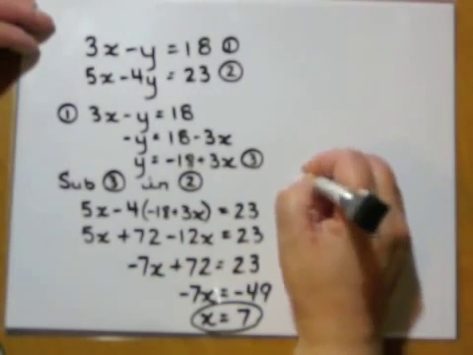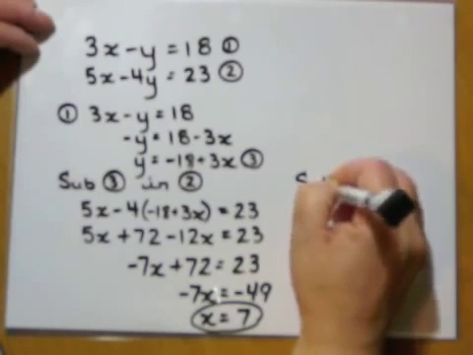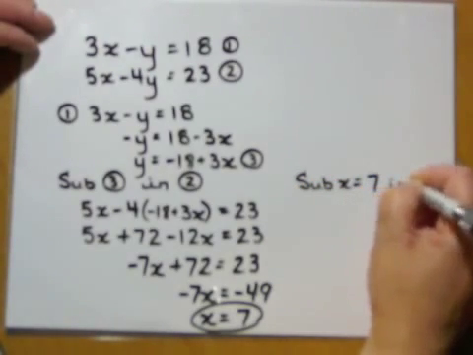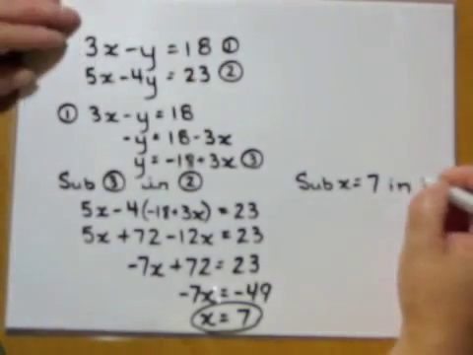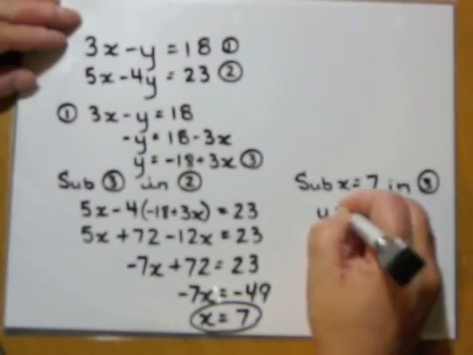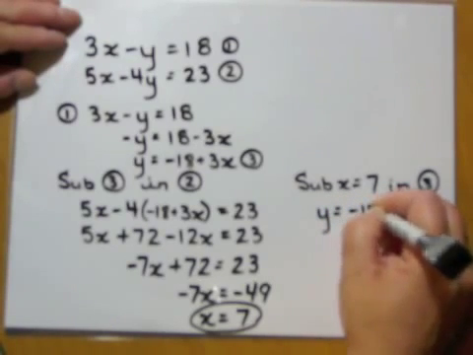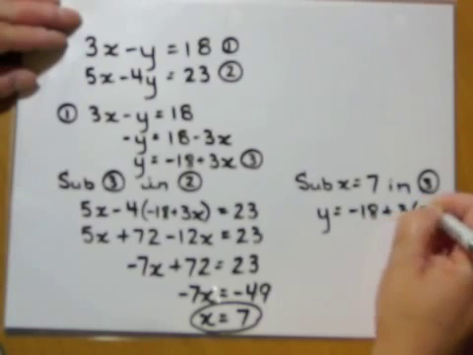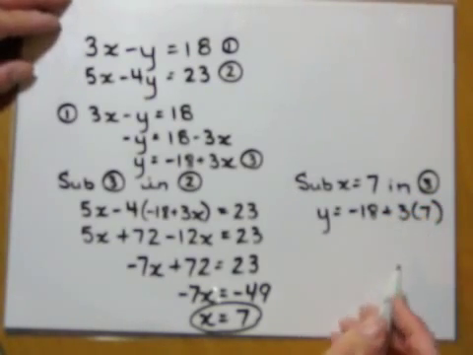So I'm going to say sub x equals 7 in, we're going to put it back into equation 3, and that says y equals negative 18 plus 3 times x, which we know to be 7.